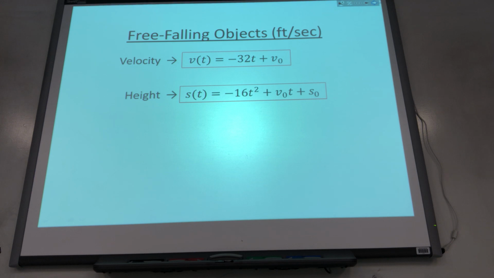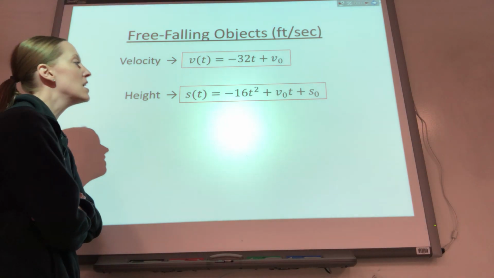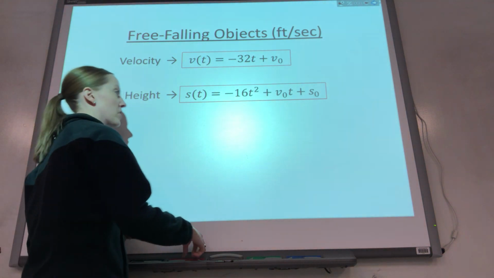Velocity, v of t, equals negative 32t plus v sub 0. And the height was always the s of t formula. And that is negative 16t squared plus v sub 0 t plus s sub 0.